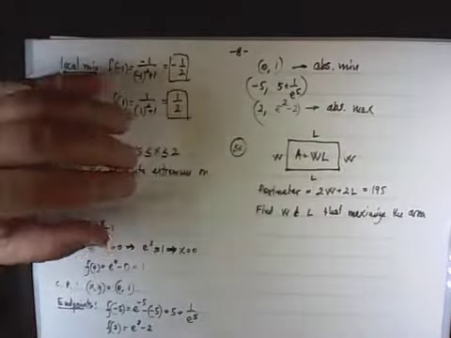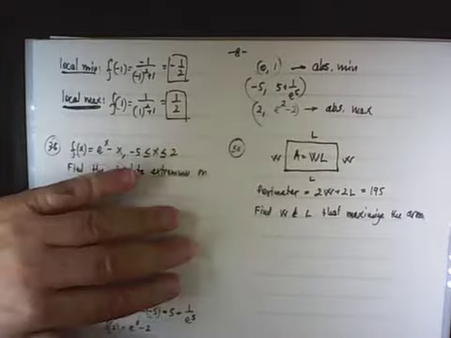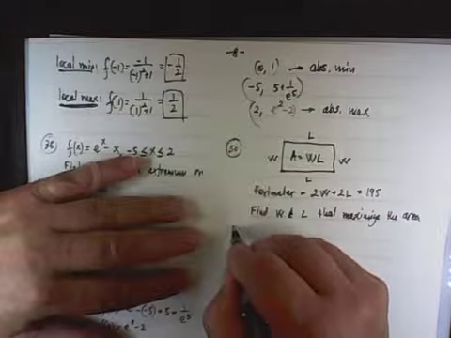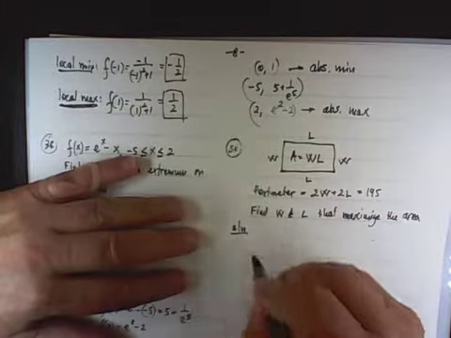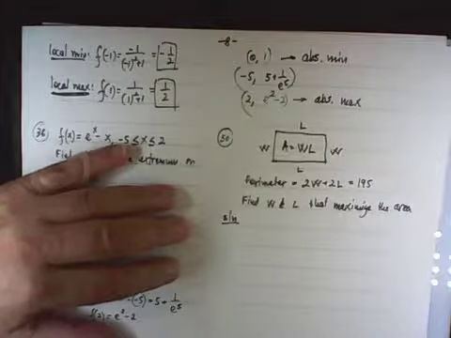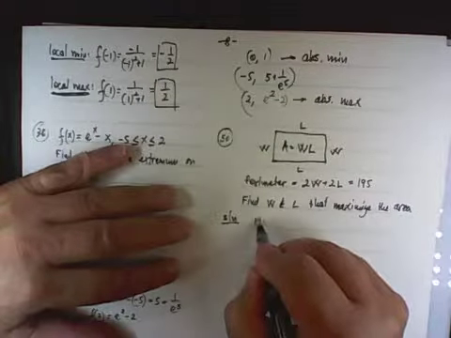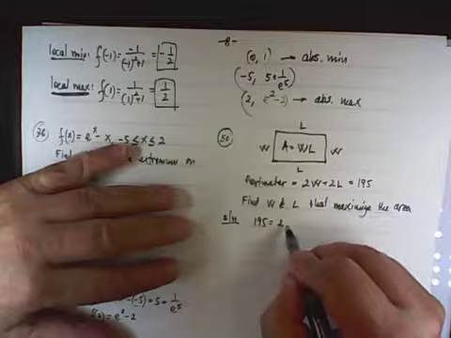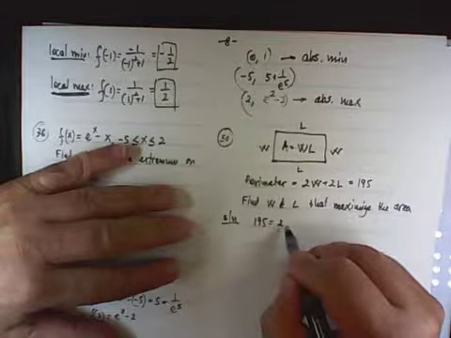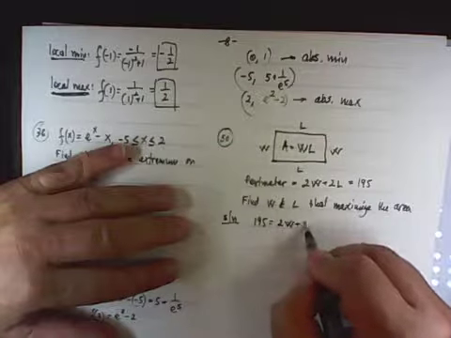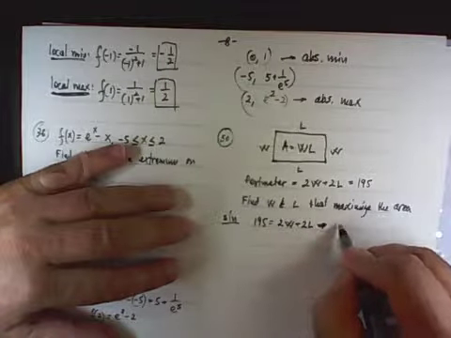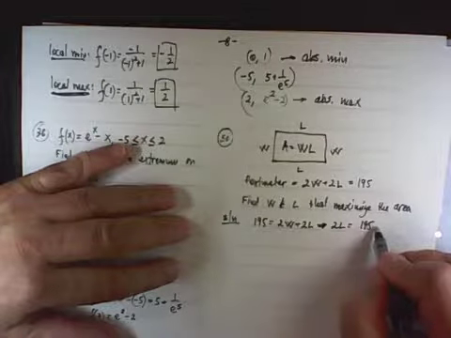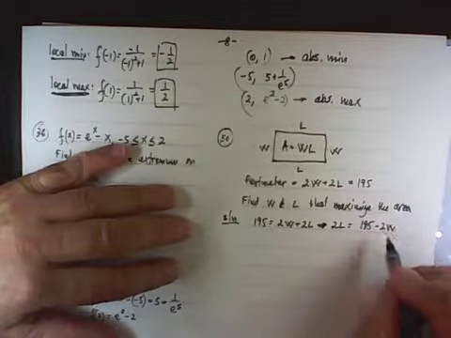So to show that really the maximum area is when you get the square root of 195, you show the following. You say that the perimeter of 195 equals 2W plus 2L, so 2L equals 195 minus 2W, right?